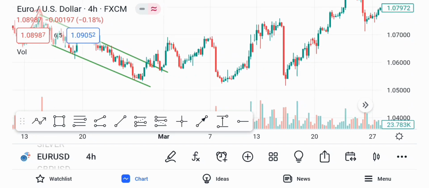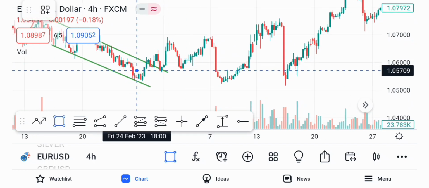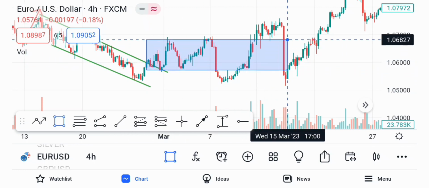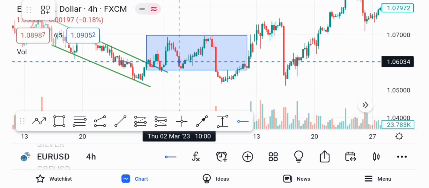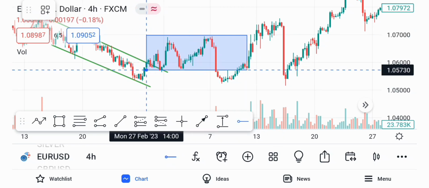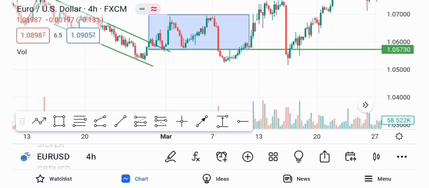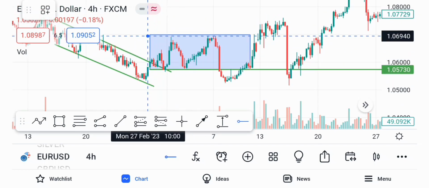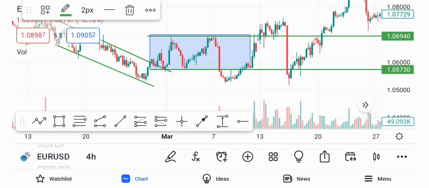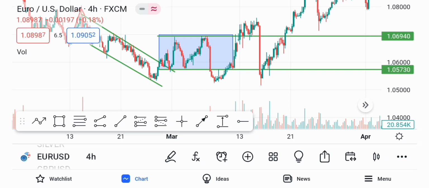A short ranging market. Don't be confused by the square I'm using. You can still use the ones I showed you. This is our support. This is our resistance. So that's it about support and resistance.